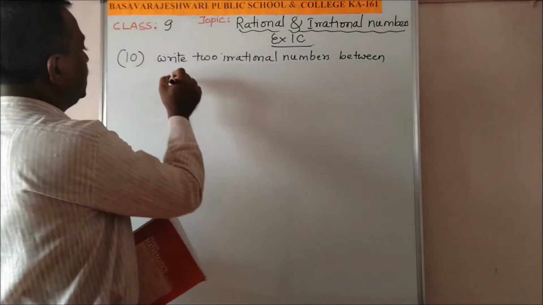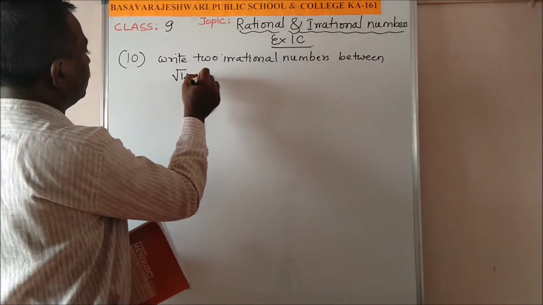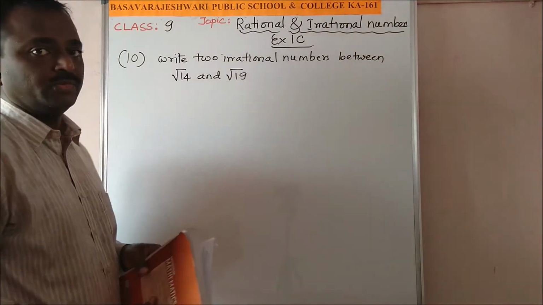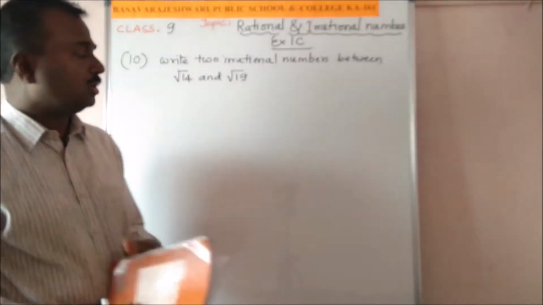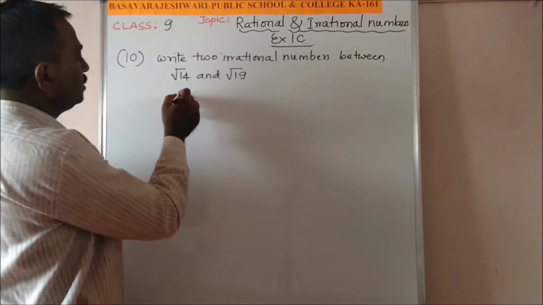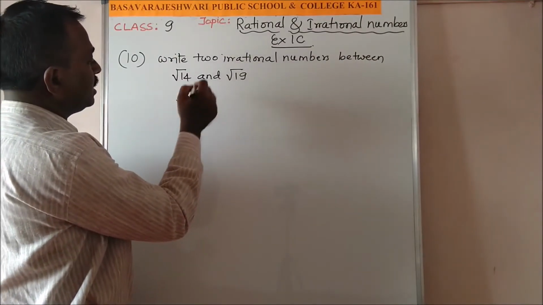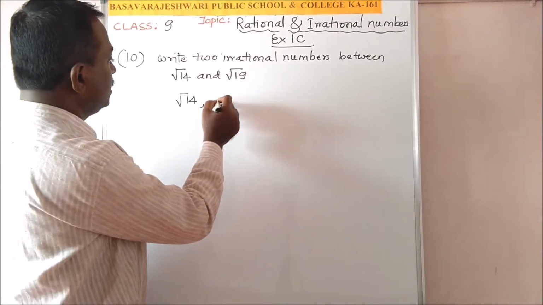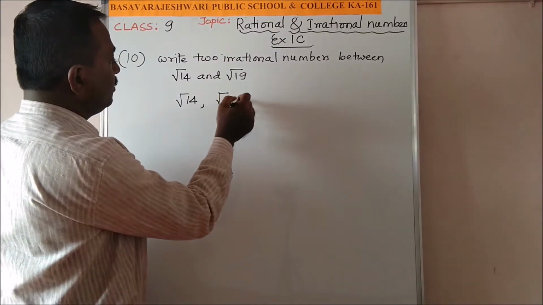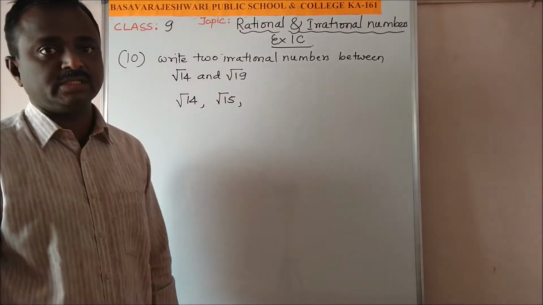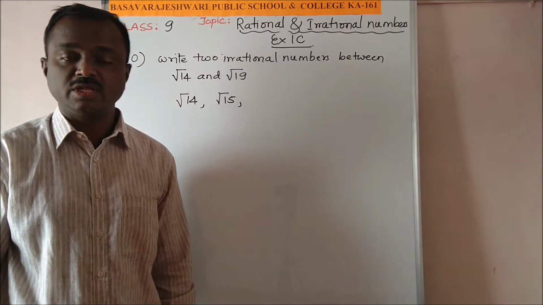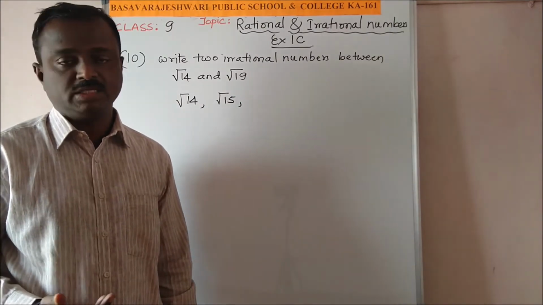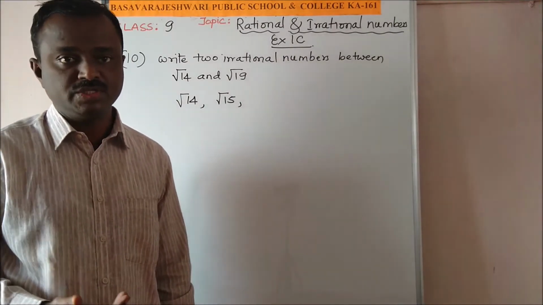If you observe, root 14, root 15 is an irrational number. But we cannot take root 16. It is not an irrational number. It is a rational number because root 16 is 4. We cannot take that number, isn't it?